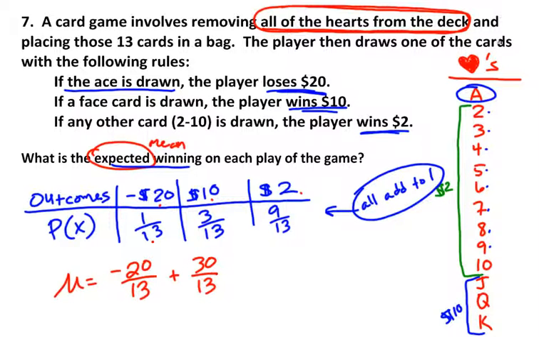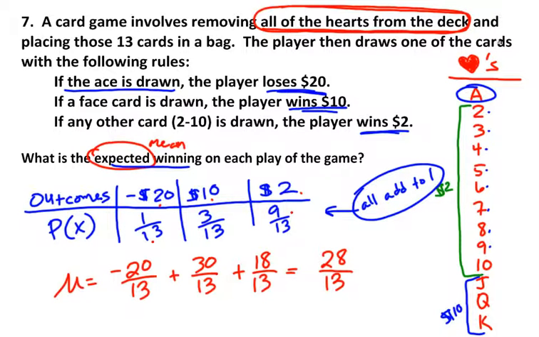And then 2 times 9/13 would be 18/13. So we have negative 20/13 plus 30/13 plus 18/13. This is going to give us negative 20 plus 30 is 10 plus 18 is 28/13.